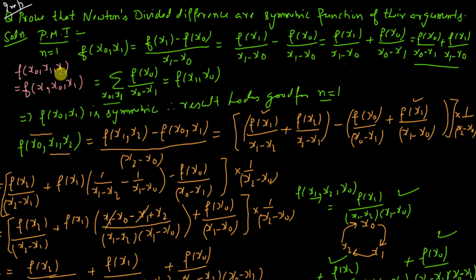The order of the argument does not matter, result will be same. So this will be the second order divided difference, so result in both the cases will be same, though here x is present at third place, here at first place, so this does not make any difference, and even if x is present in between, still the result will be same. Fine, this is comma, this is comma, so result will still be the same.